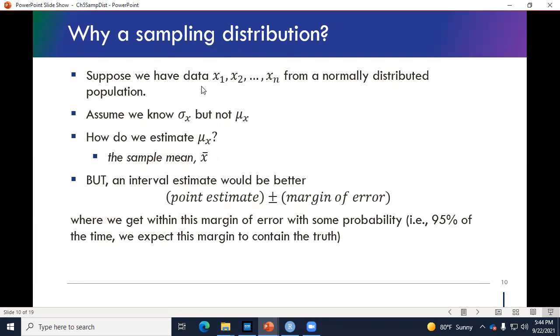For example, we have data x1 to xn from a normally distributed population. We know their standard deviation, but not the mean. How do we estimate the mean? We just take a sample and get the sample mean as the estimate of this population mean, right?